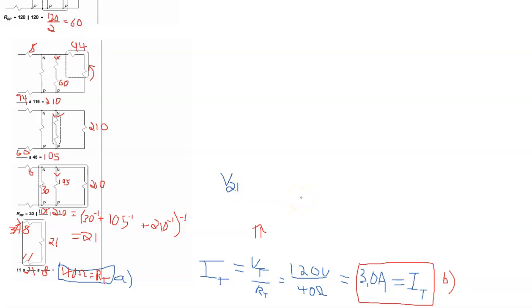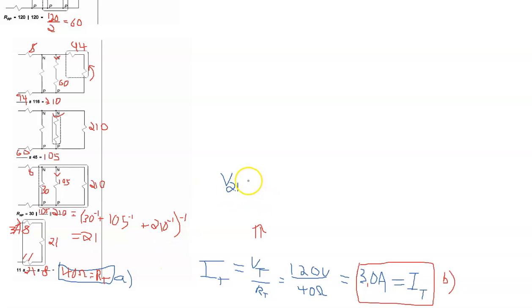Mr. Chalk probably called it RNP because those were the nodes he labeled. V21 is the voltage across the 21 ohm, and there's no other 21 ohm resistance in this circuit, so that's good.